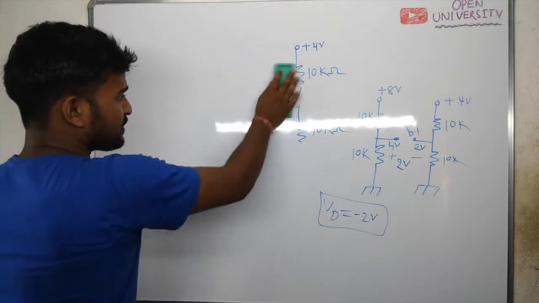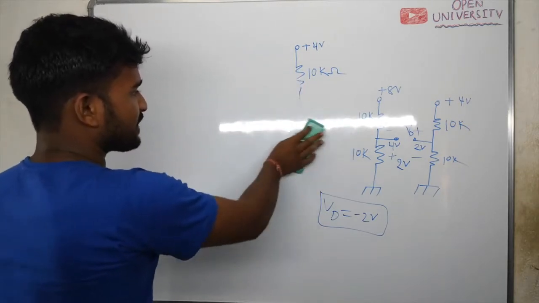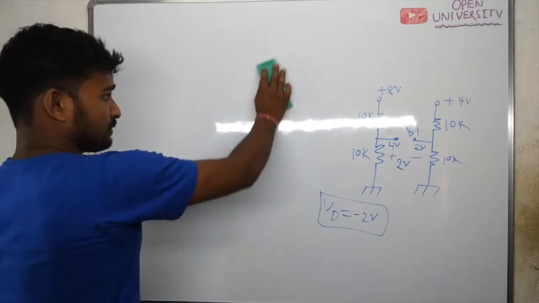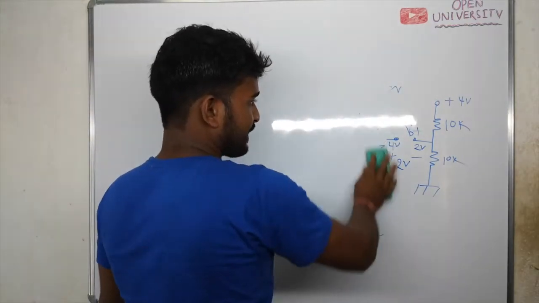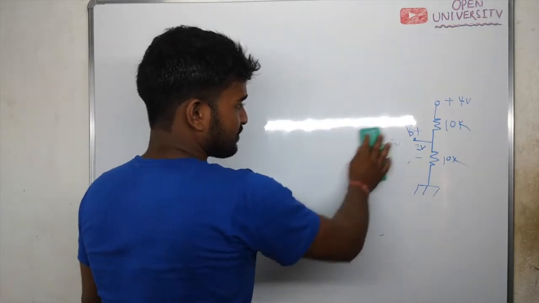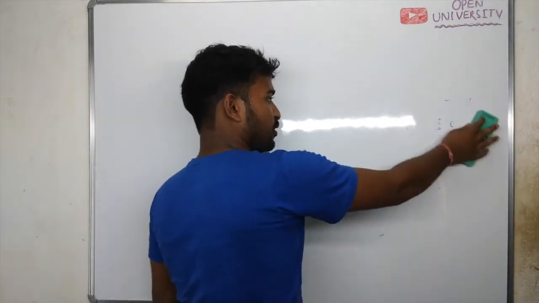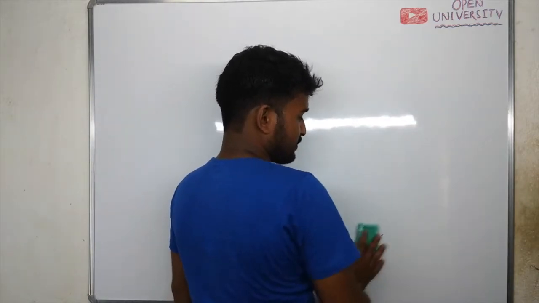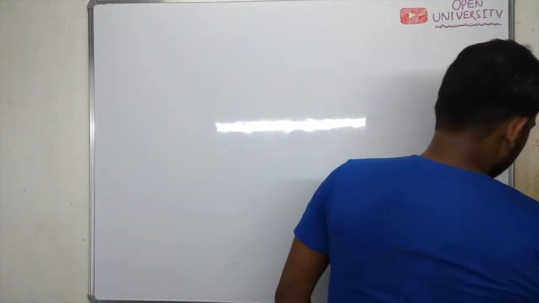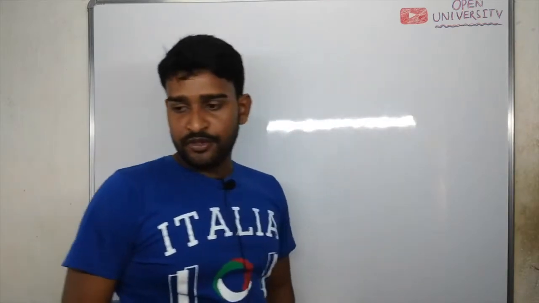So you need to solve this way. You need to assume the diode first. Assume your diode to be off. Then calculate the voltage across the diode to know whether it is forward biased or reverse biased. Then accordingly solve the question. Then move to the 26th question.